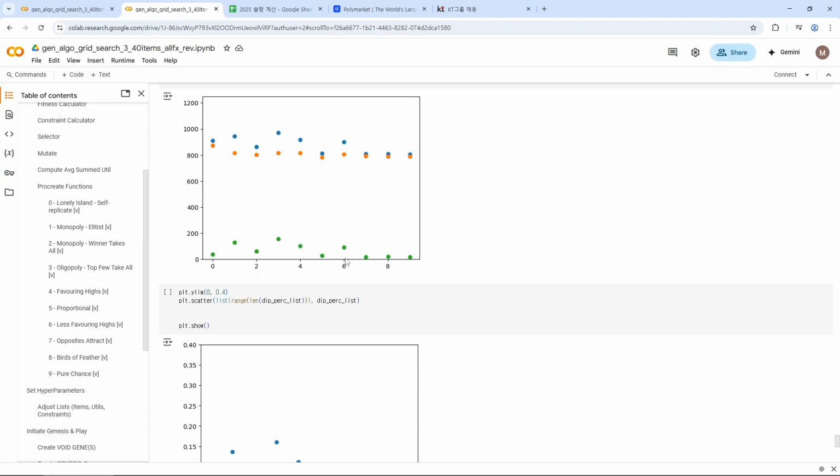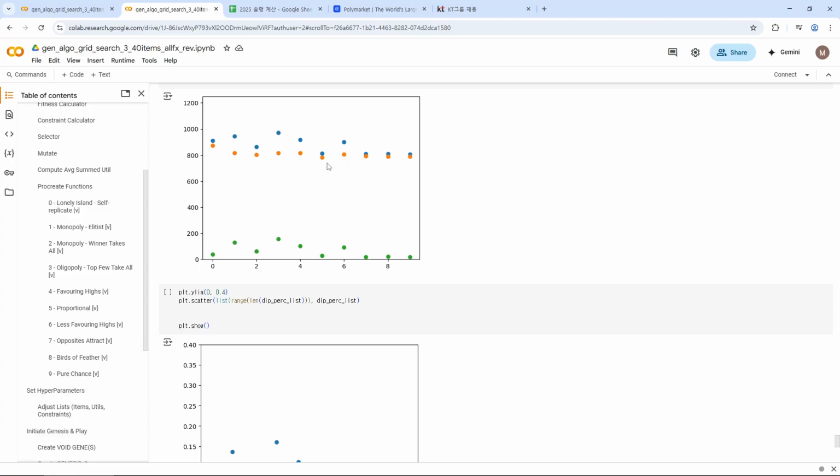The seventh one is opposites attract. No, that's the eighth one. The seventh one is less favoring highs. So this one is very similar to favoring highs. Just to add on to what I've just said, the last three, which are the opposites attract, birds of feather, pure chance, are very similar in terms of their metrics after the evolution has finished.